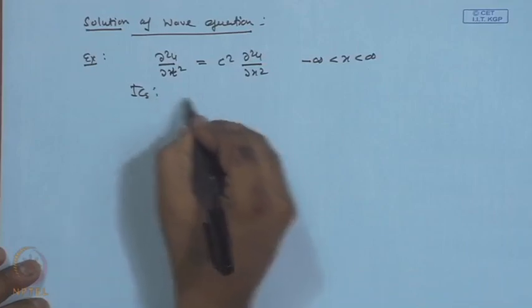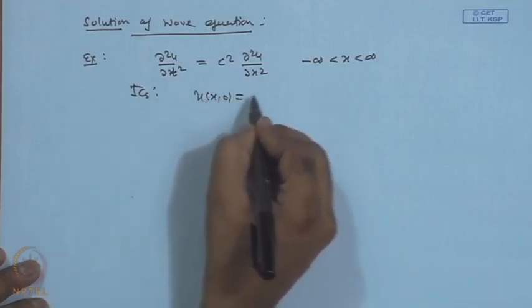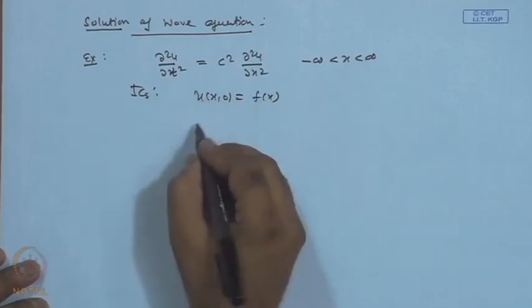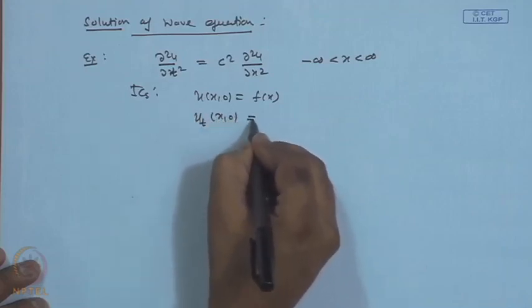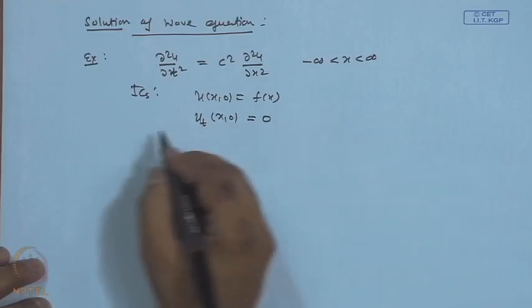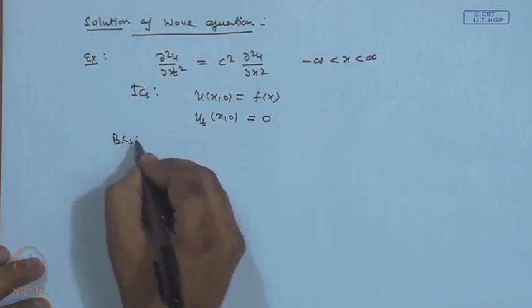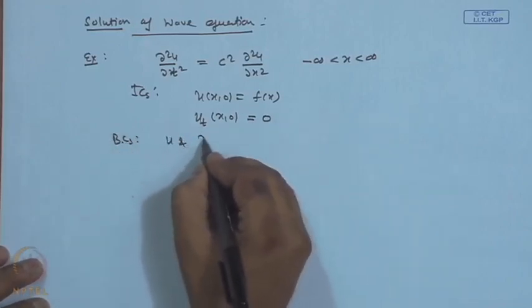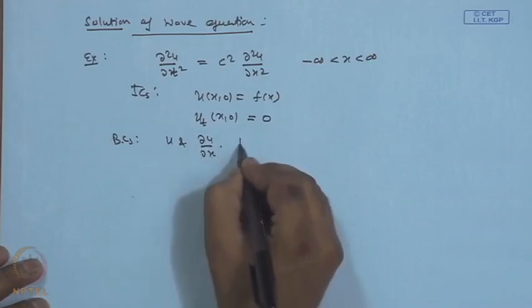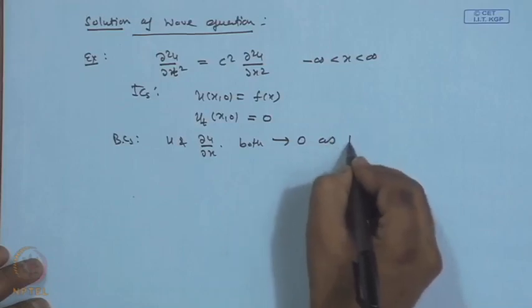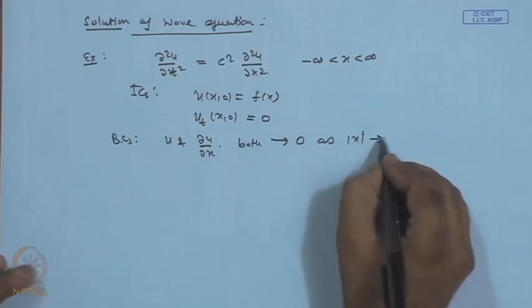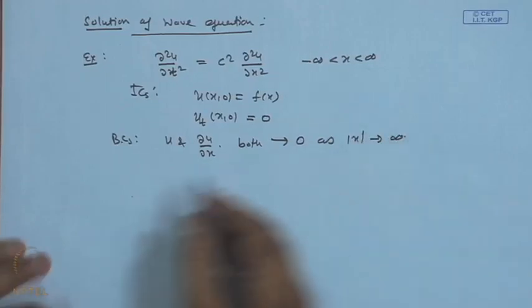The initial conditions are u(x, 0) is f(x) and u_t(x, 0) is 0, and we have boundary conditions that u and ∂u/∂x both go to 0 as the absolute value of x goes to infinity.